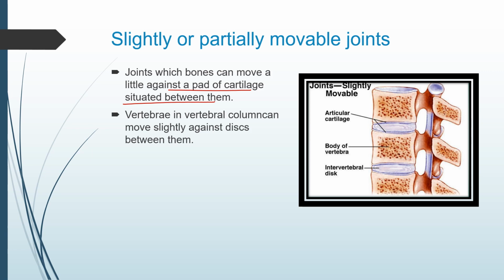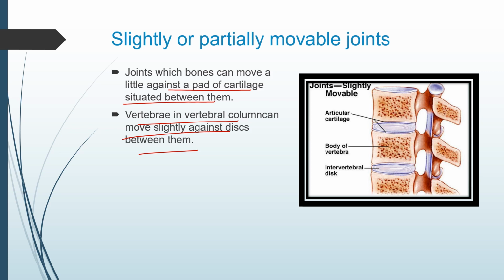Now in the vertebral column, there are several vertebrae which are joined one above the other, so these are slightly movable joints. So the example is the vertebrae in the vertebral column, which are lying one above the another, and they are fixed with the help of some cartilage.